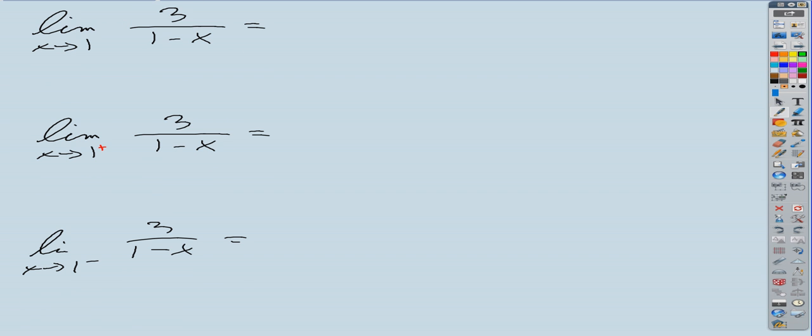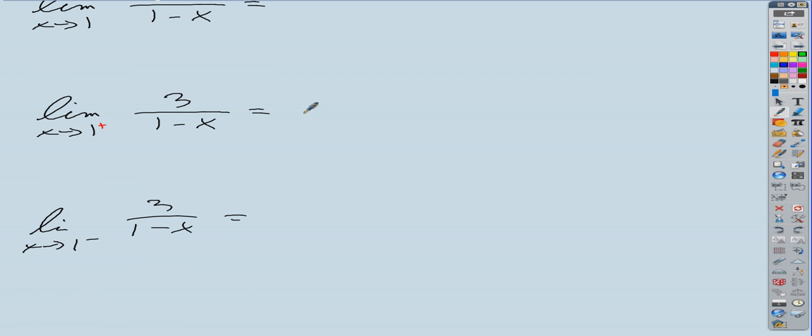What if we take the limit of 3 over 1 minus x as x approaches 1 from the right? Okay, now here's where we want to see if we can come up with a way of dealing with this. As x approaches 1 from the right, if we try to evaluate this directly, I got a 3 on the top. What do I get on the bottom? You get infinitely close to 0. But it's positive, isn't it? Yes. Right?